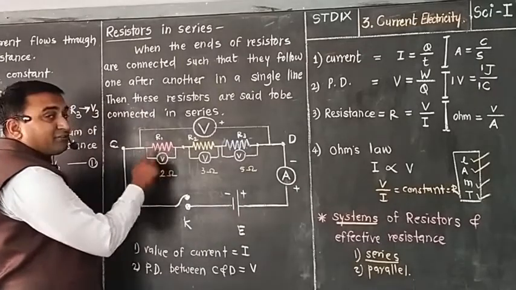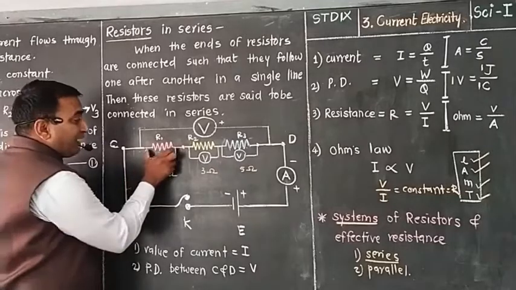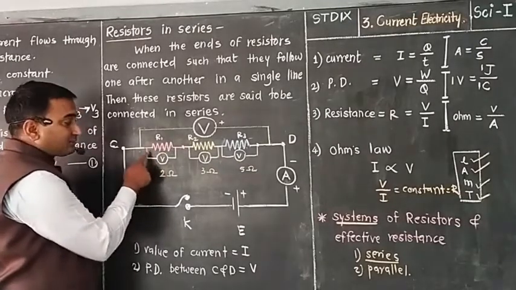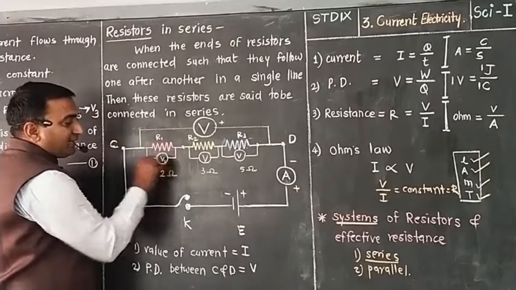Then the potential difference or amount of current, we have to find or not? To find that, we have connected one voltmeter here. As this is R1, we denote it as V1.